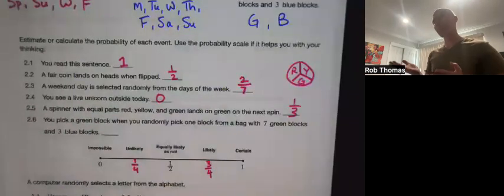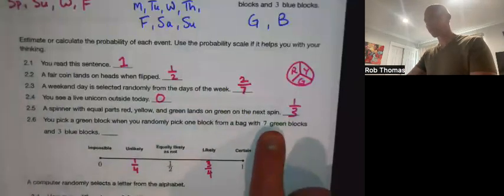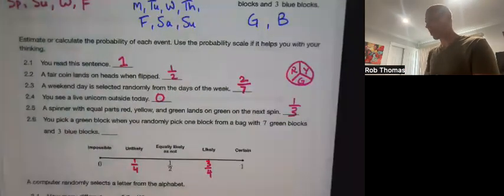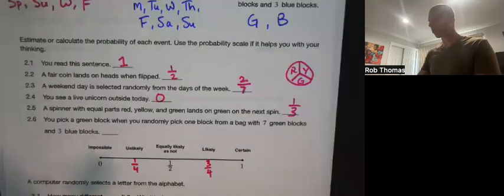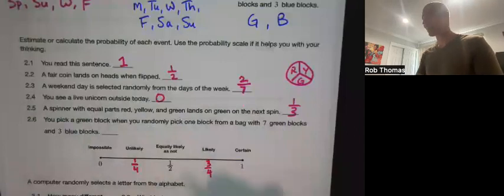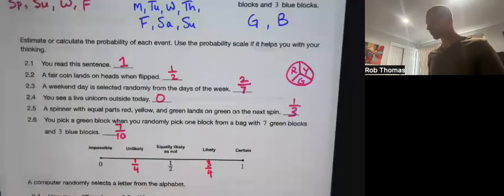But in this case, the 2 possible outcomes are not equally likely. So we have to think about this a little bit while we're doing it. There's essentially 7 green possible outcomes because there's 7 green blocks out of a total of 10 blocks total because there's 7 green and 3 blue. So I would say you got a 7 out of 10 chance of pulling that green.